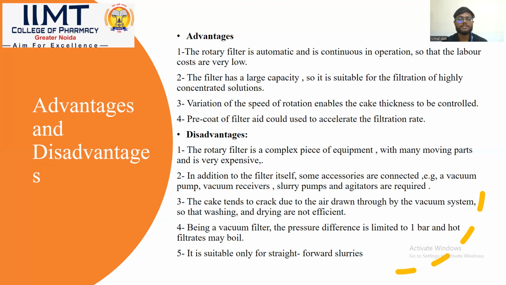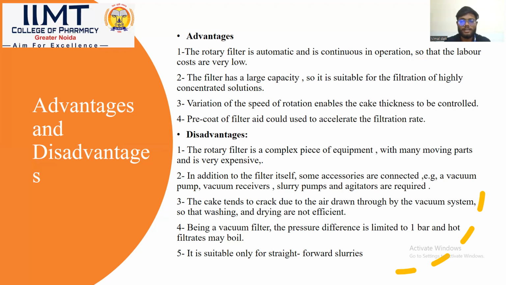Disadvantage of rotary drum filter is the rotary filter is a complex piece of equipment with many moving parts and is very expensive. In addition to the filter itself, some accessories are connected. For example, a vacuum pump, vacuum receivers, slurry pump, and agitator are required.